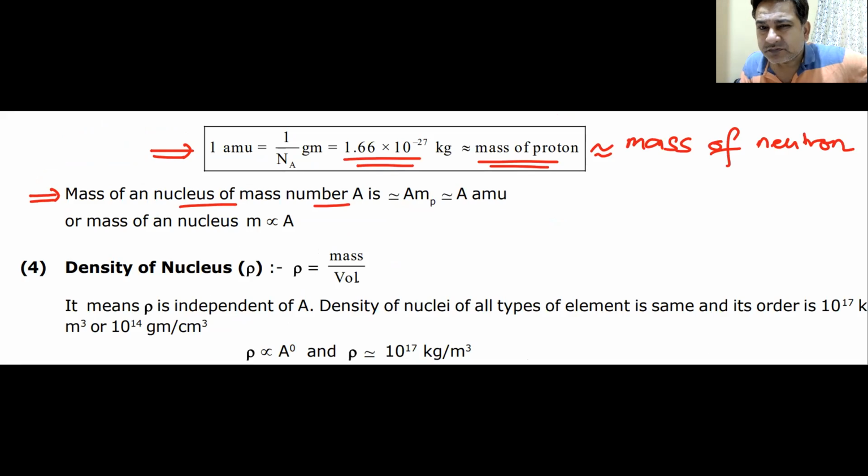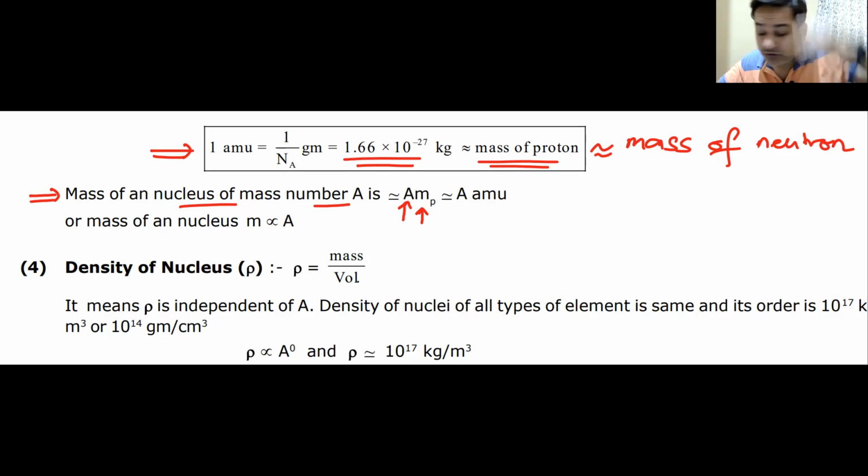Yes, sir. It's actually not that simple, but let us take it for that. And we know that the mass of a neutron and the mass of a proton are equal to each other. So basically, if I multiply the mass number with the mass of the proton, I will get the mass of the nucleus very, very near to it. Yes or no? Yes, sir.